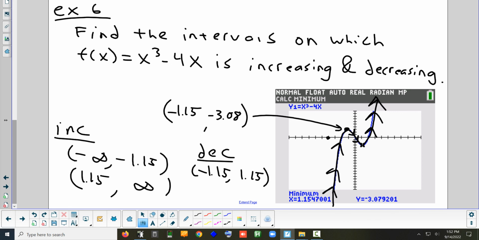So we have an increasing, decreasing, and then increasing again. And that's all based on local mins and maxes. Any questions on that?